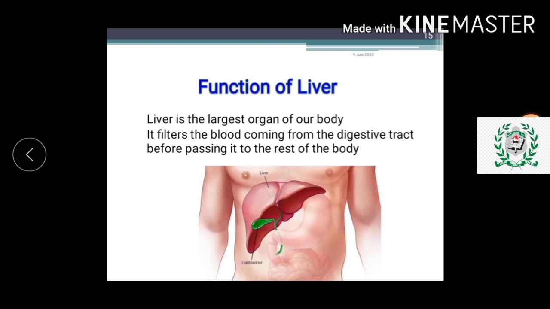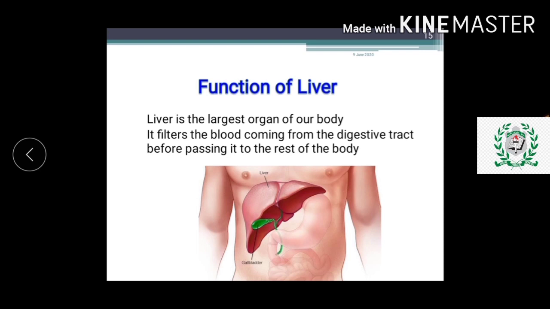Now let us read the context given. Liver is the largest organ of our body. It filters the blood coming from the digestive tract before passing it to the rest of the body. The main function of the liver is to clean the blood, store the energy, and remove the toxins from the blood. Okay, these three are the important functions of liver.